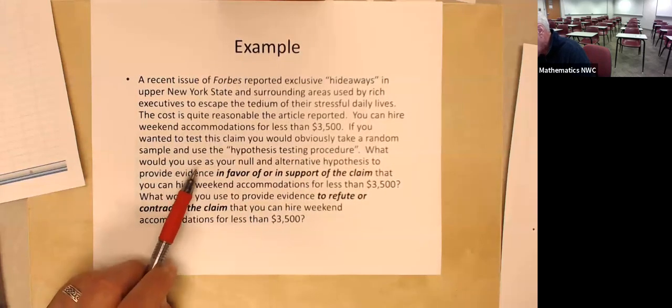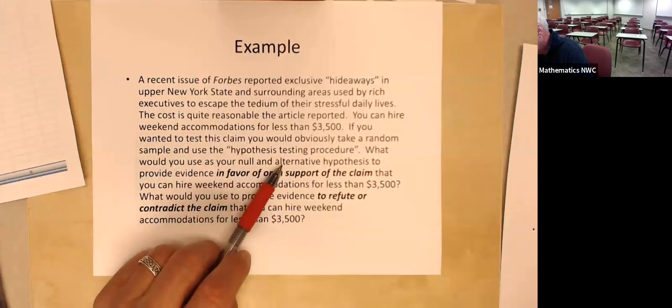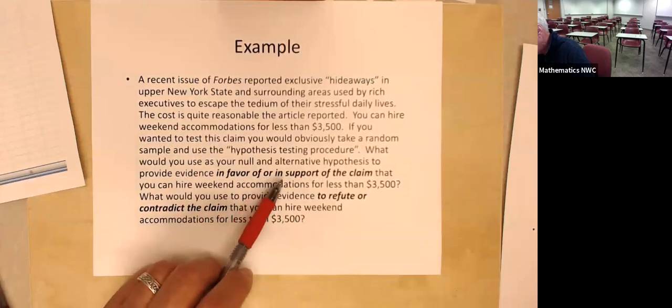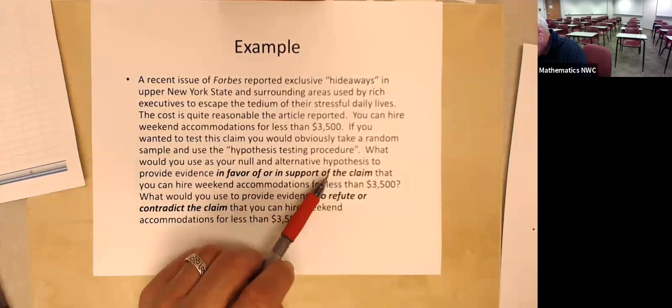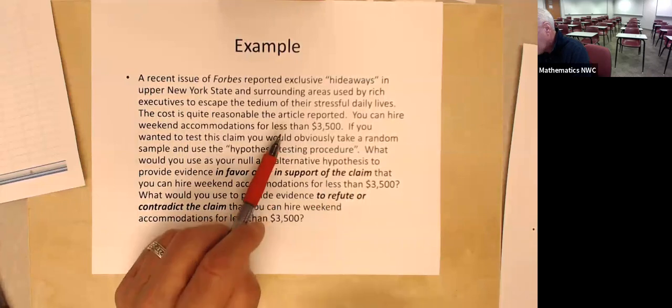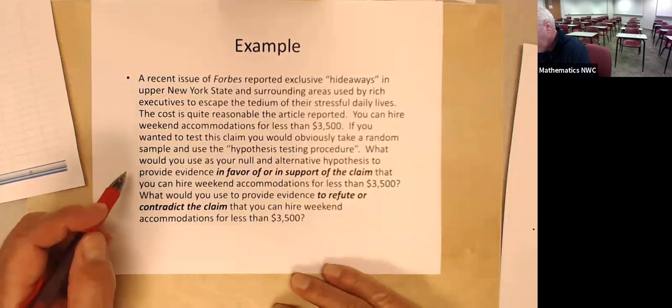Here's the key now. What would I use for my null and alternative if I wanted to provide evidence in favor of the claim? I wanted to find evidence to make a conclusion in favor of that it's less than 3,500.